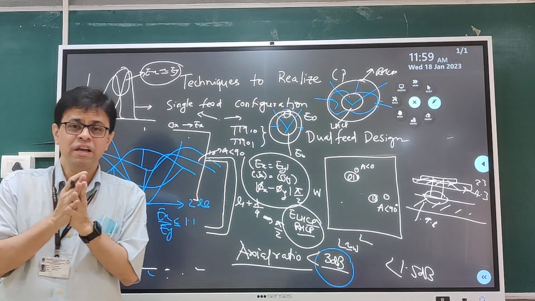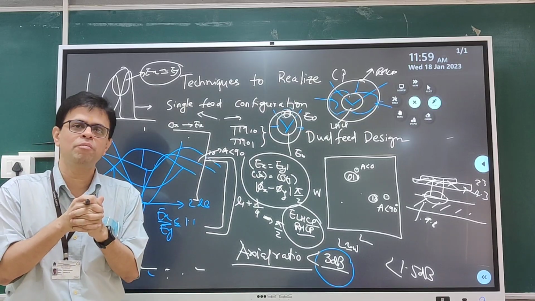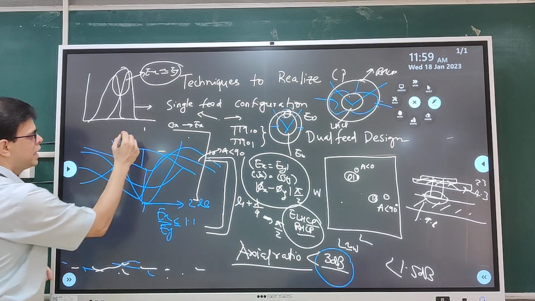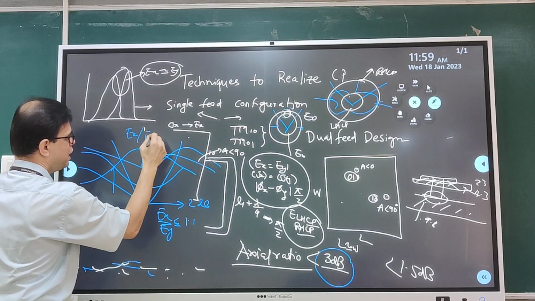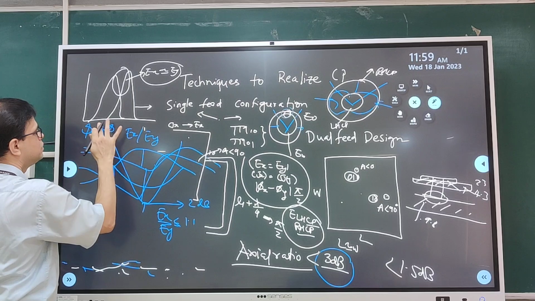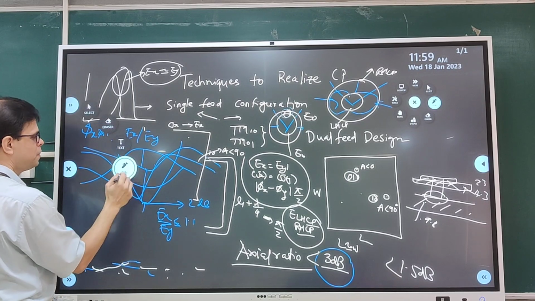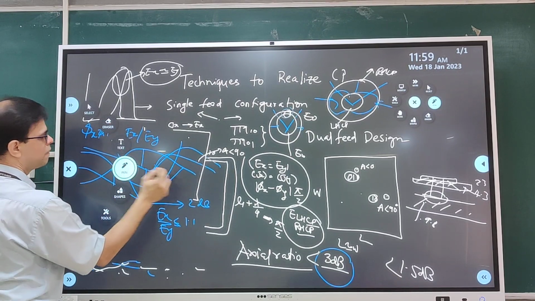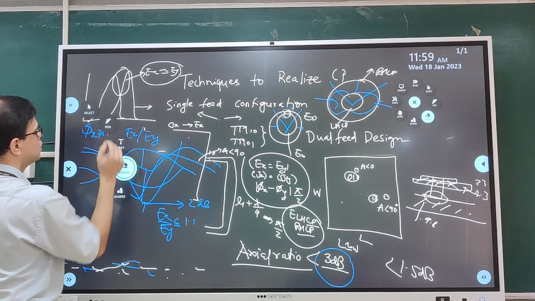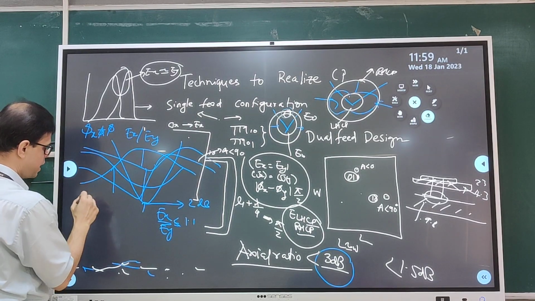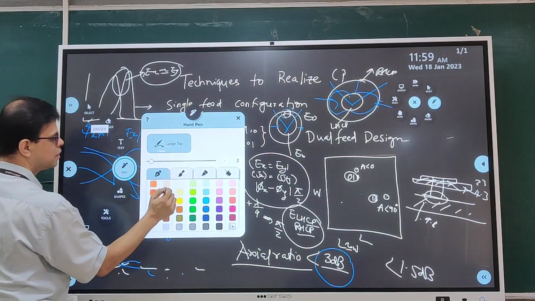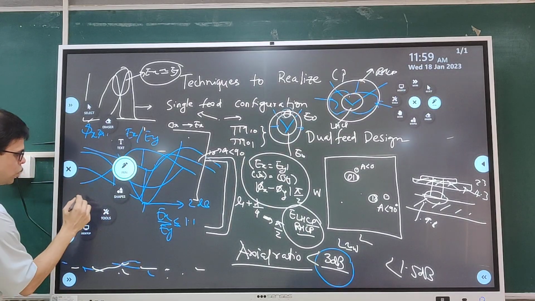When you simulate a circular polarized antenna, do look at this field polarization plot, that is Ex by Ey and phi x minus phi y.